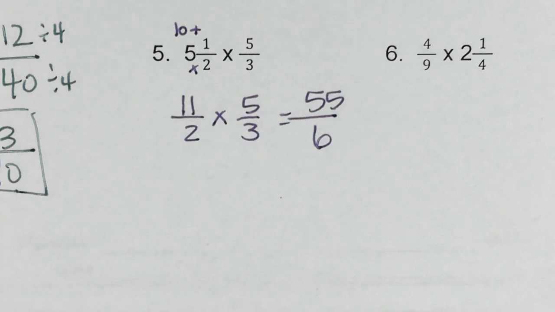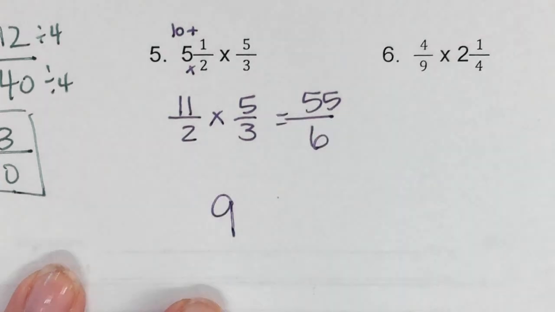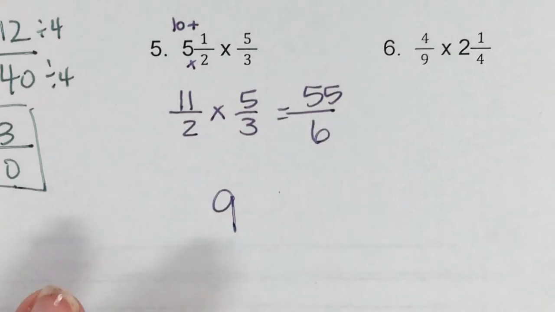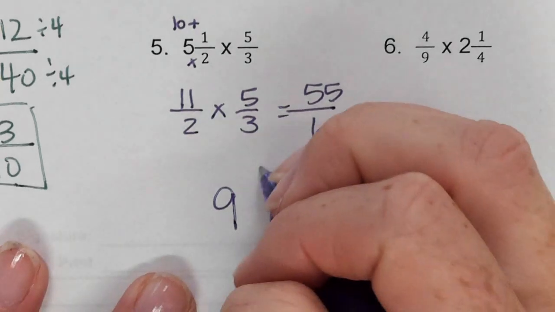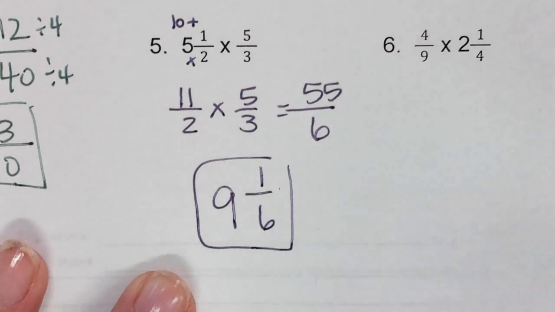Because that means there are whole numbers that you can pull out. How many times can 6 go into 55? Because 6 times 9 is? So 9 whole dollars can be pulled out. And again, 9 times 6 is 54. How many's left over? 1 over 6.